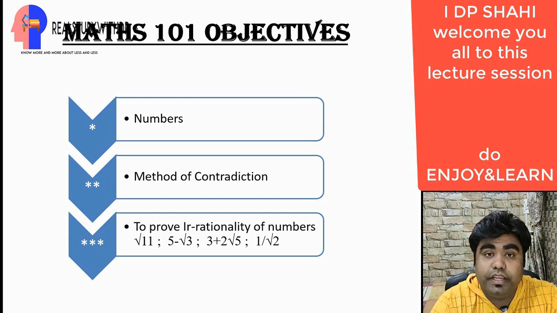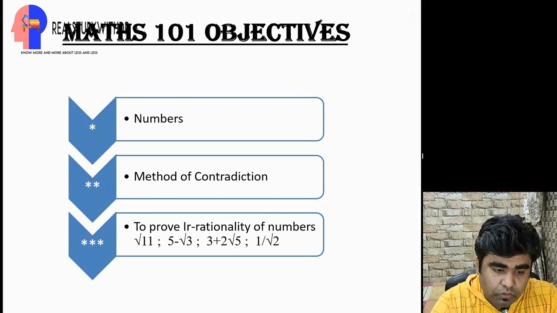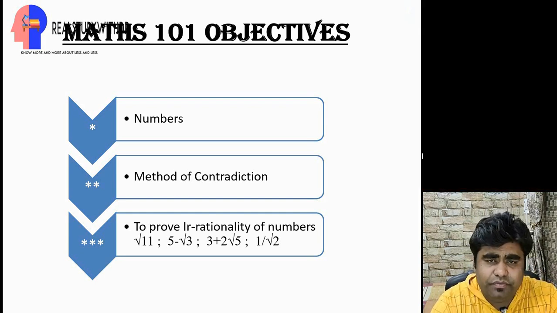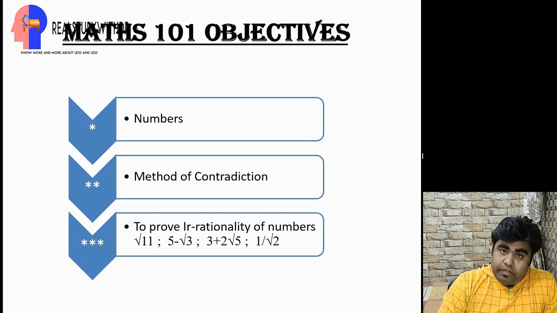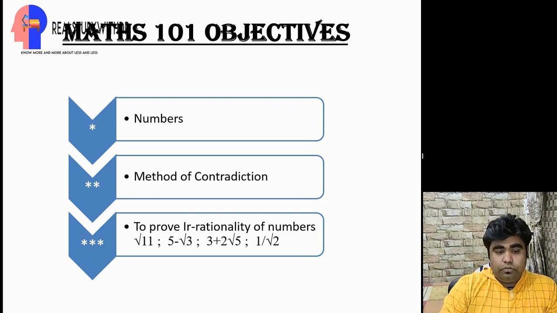First we are going to see numbers: what are numbers and what is the basic classification of numbers. Then we are going to learn a very important topic. Why am I saying so?